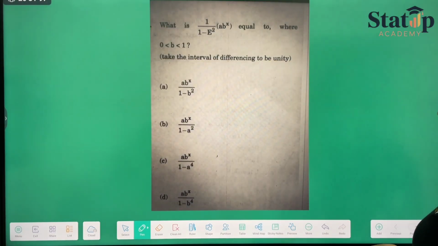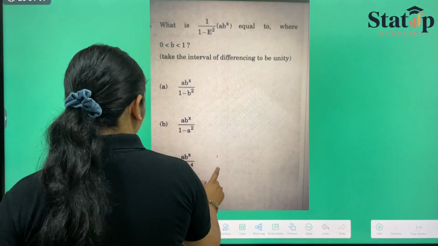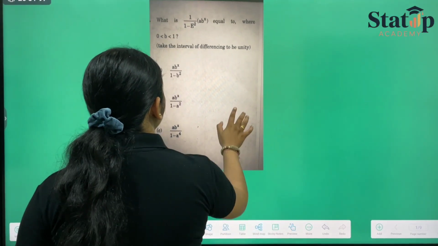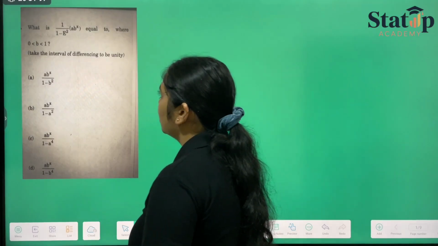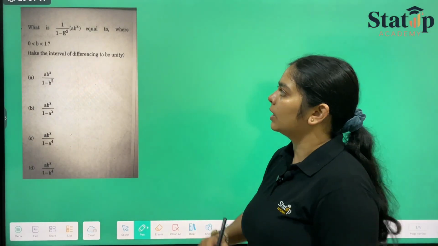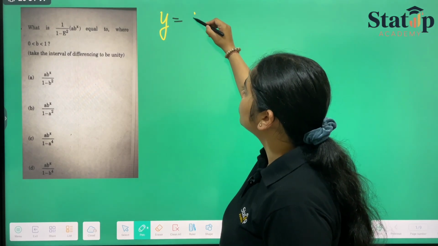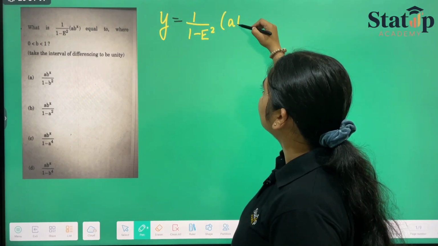Now solving this question, this is a bit tricky one, because they have given us 1 minus e square. Now we know that, let us take y is equal to (1 minus e square) into ab^x.